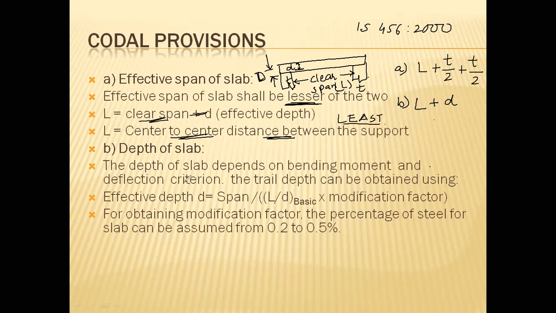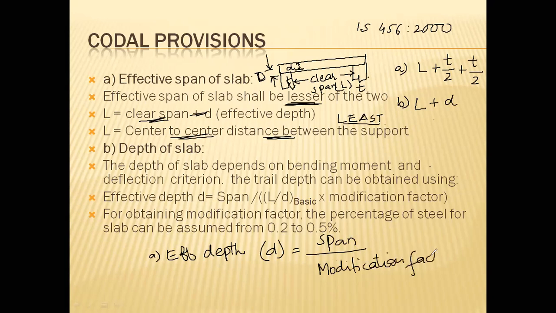Another is depth of slab. The depth of slab depends upon the criterion that effective depth can be calculated from the span by the modification factor. L by D basic into modification factor. These are the values which are given in the code.